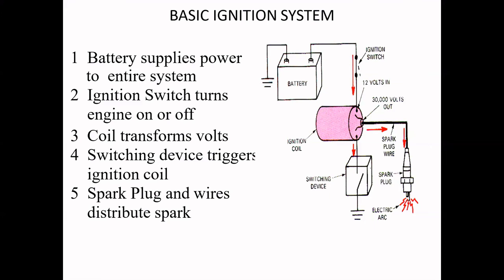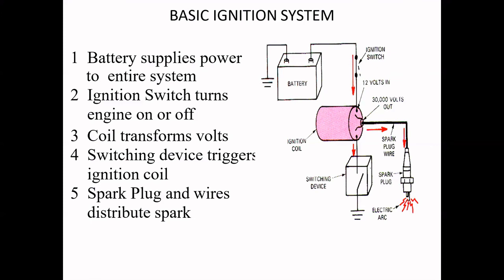This ignition coil acts as a transformer. It steps up the voltage from low voltage to the higher voltage required by the spark plug for producing the high intensity spark.